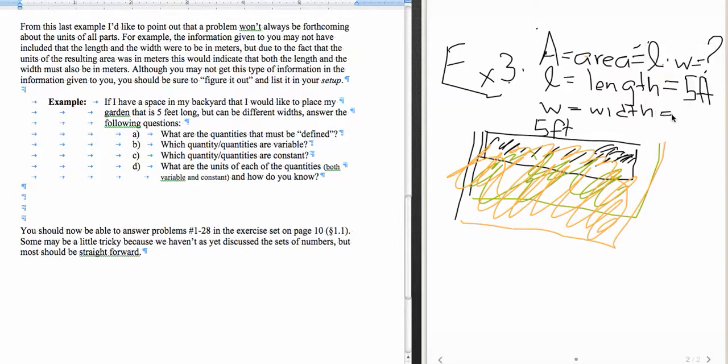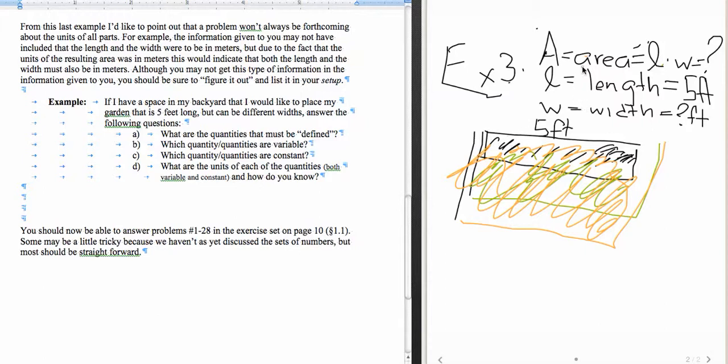And our width is again an unknown amount of feet, because if we're measuring the length in feet, then it would only make sense to measure the width in feet. When you're dealing with units, units must be consistent. So that means our width must be in feet.